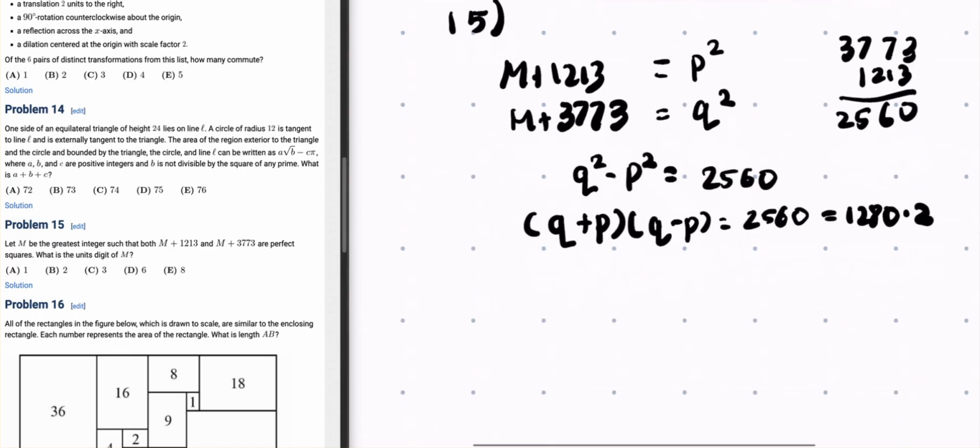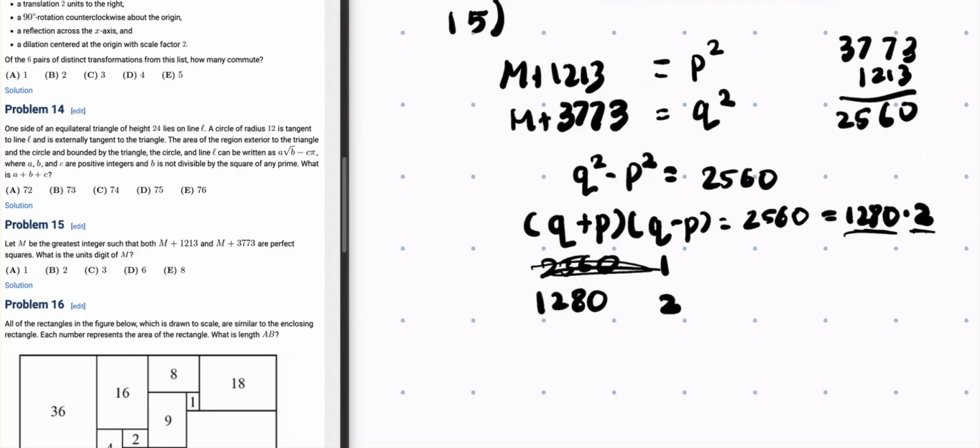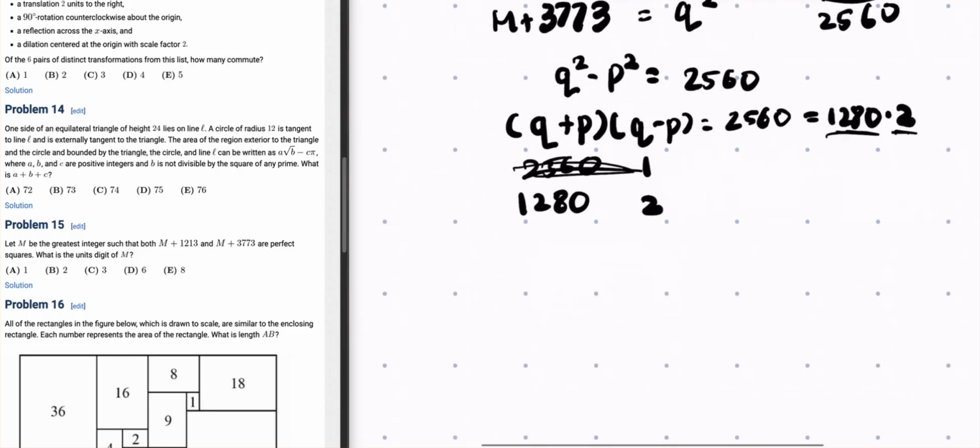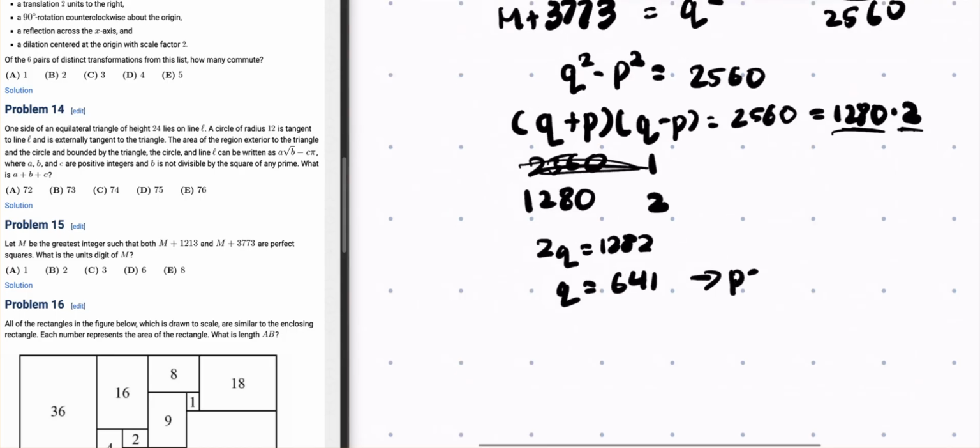Notice that if we let this be equal to 1 and this equal to 2560, this will give us decimals, which is not what we want. So we want them to have the same parity. And 2 is the smallest possible parity, so we can let this be equal to 2, and this equal to 1280. Adding these two gives us that 2q is equal to 1282, and q is equal to 641. Similarly, if we subtract them, p is equal to 639.